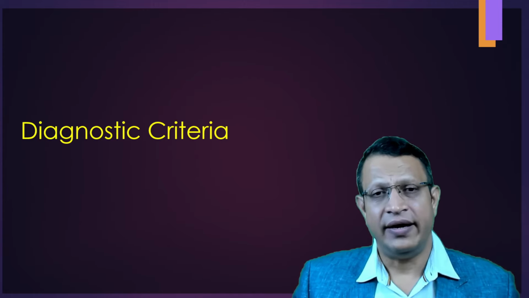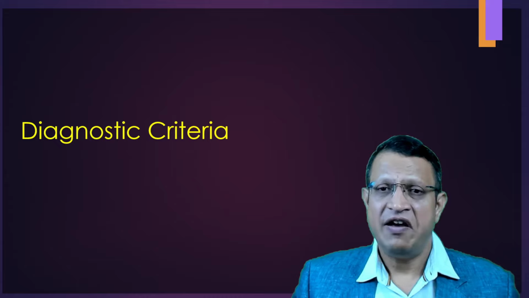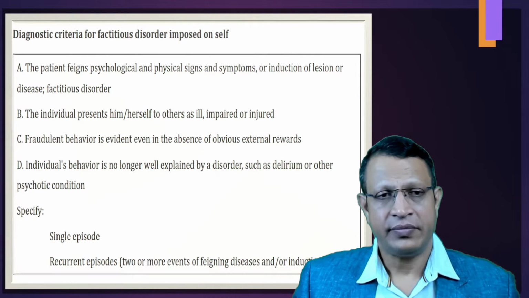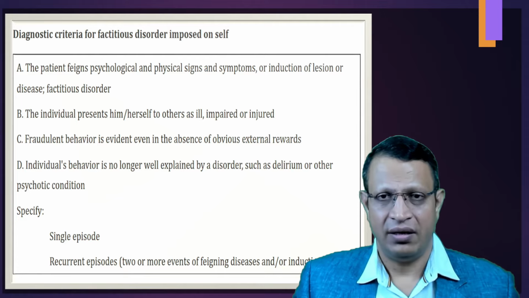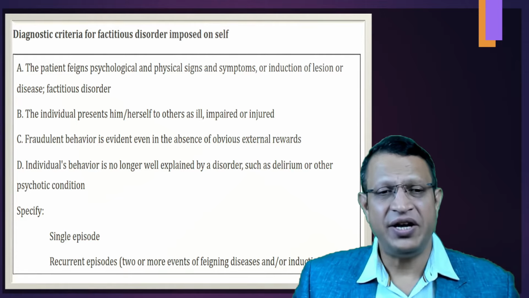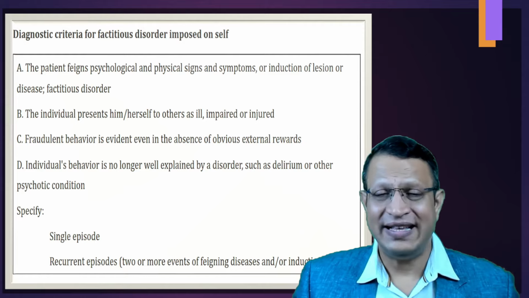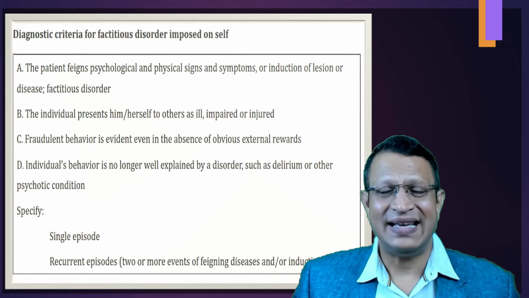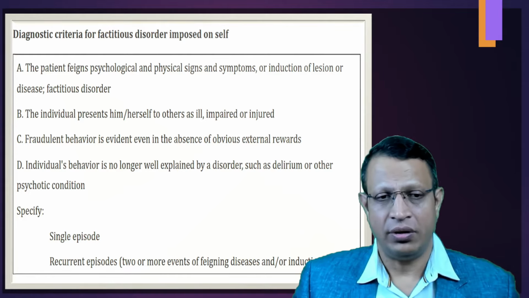Now let's look into the diagnostic criteria for factitious disorder. As per DSM-5, there are 4 important criteria. Criterion A is falsification of psychological and physical signs and symptoms or induction of injury or disease. The individual presents himself or herself to others as ill, impaired or injured.